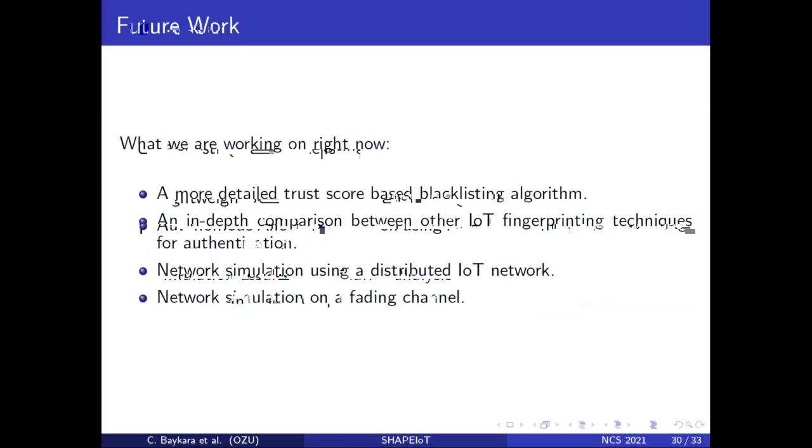And for our future work, we are currently working on a more detailed trust score-based blacklisting algorithm, which will be used by the server to detect malicious devices which only generate small amounts of anomalous network traffic to avoid detection. We are also doing an in-depth comparison between other IoT fingerprinting techniques for authentication, which will be compared with our physical unclonable functions.